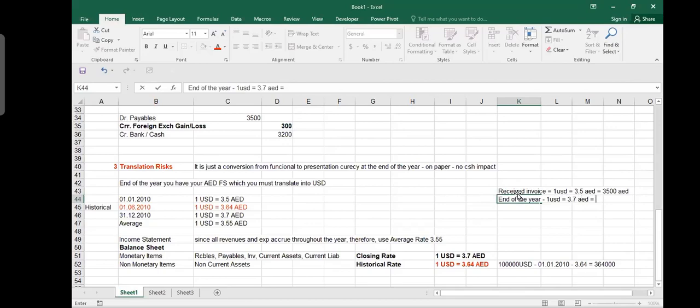So your liability will be 3,700 AED. You cannot say that my liability is 3,500. At the end of the year you have not paid the invoice; the invoice is still with you. Invoice is $1,000. So how many AEDs do you need on 31st of December when you are making the balance sheet? On the balance sheet date, this 1,000 USD means that you have a liability of 3,700 AED. So that also makes perfect sense. Clear?